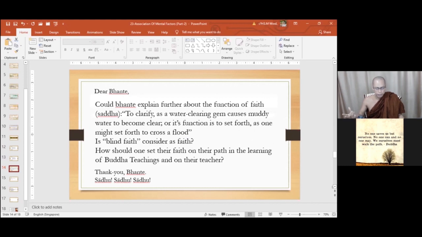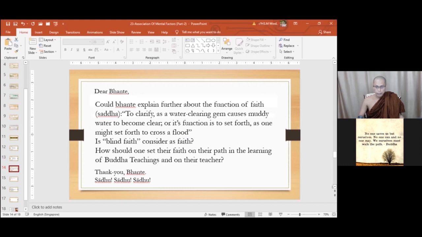When the mental factors are clear, the consciousness also becomes clear. So faith makes the consciousness and the associated mental factors clear, like the water-clearing gem. That is its characteristic.